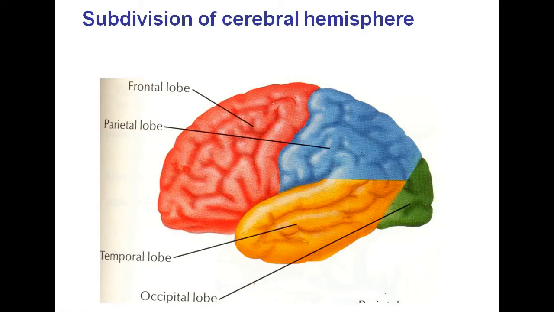The red colored part is the frontal lobe, the green colored part is the occipital lobe, and the orange colored part is the temporal lobe. There are 4 lobes which are visible to us and 1 lobe which is not visible, called the insular lobe, which is seen if you retract these structures. That is the insular lobe of the cerebral hemisphere.